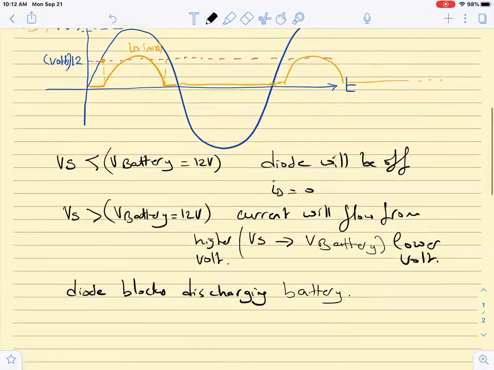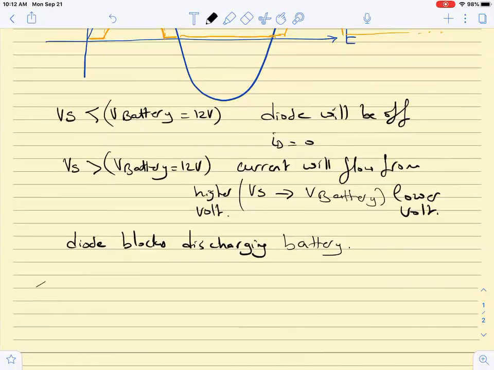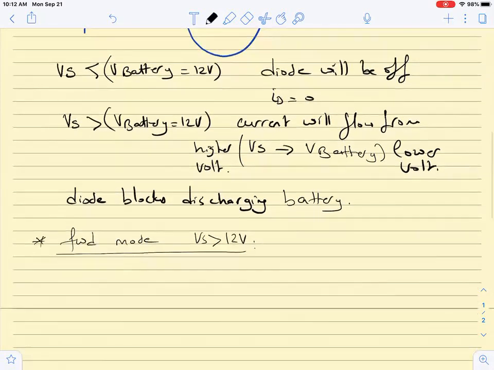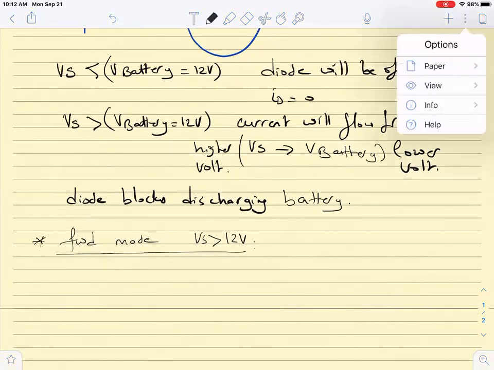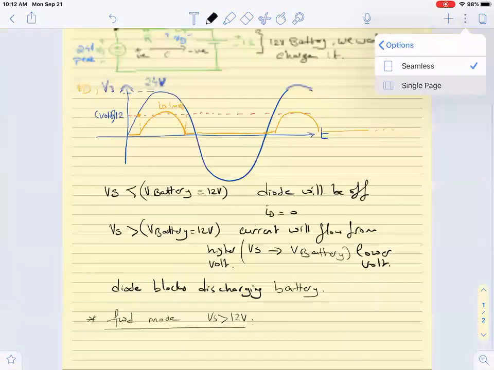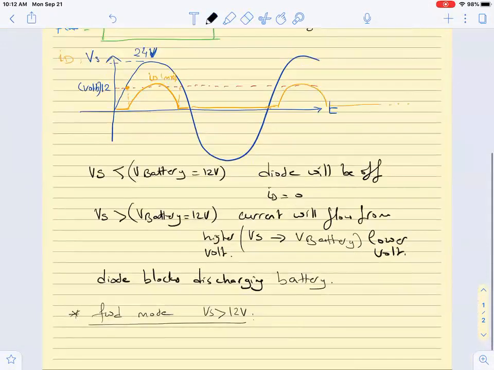So in the forward mode, when the diode is on, when Vs is greater than 12 volts in this example, the diode will be a short circuit.